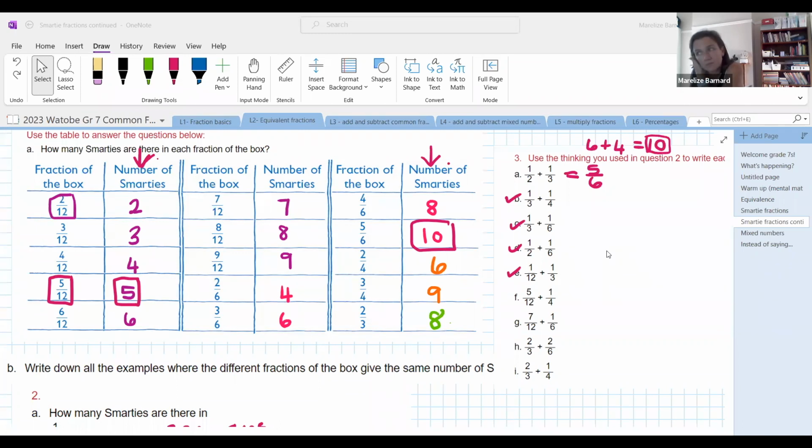Your answer must be a fraction for all of these, but you can use your Smarty totals to figure out what they are. Okay, 1 more minute.